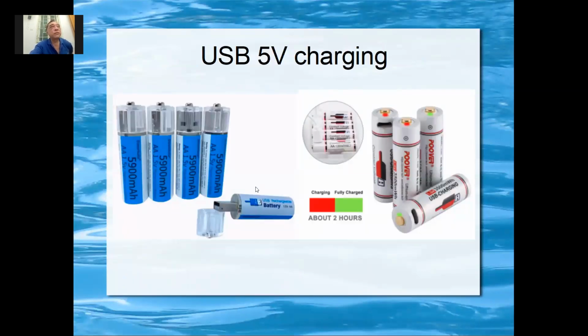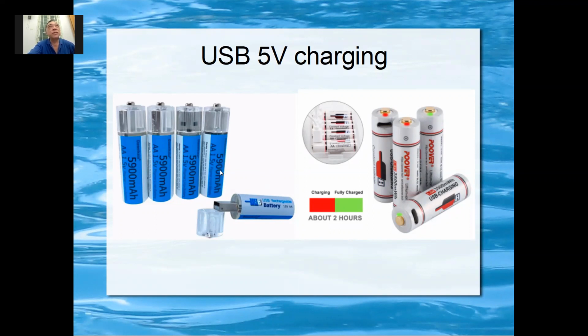Okay, so very common are the AA battery and the AAA. For this type of battery, if you want to migrate over from the old technology like heavy duty or alkaline batteries, you can consider this type of USB 5-volt charging battery.